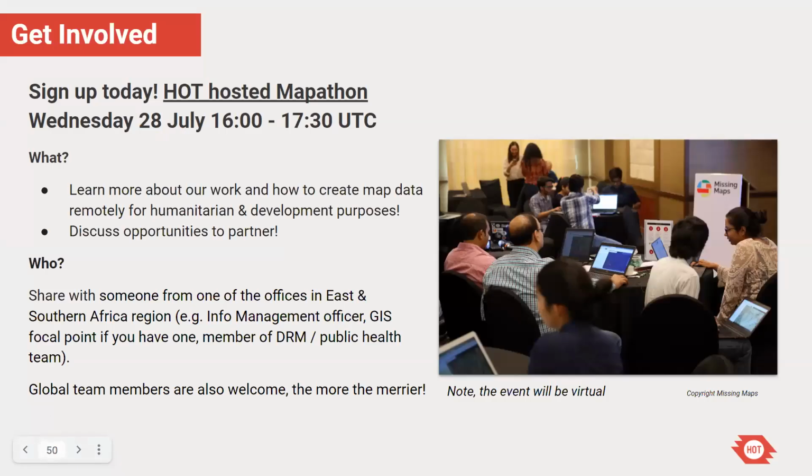Yes, so do take a look at the Humanitarian OpenStreetMap Team Mapathon next Wednesday, 4 till 5:30 in the afternoon, Universal Standard Time. It'd be a great opportunity just to see how this works and what it's like to work with it, and a great opportunity to talk with the Humanitarian OpenStreetMap team about how you may be able to partner.